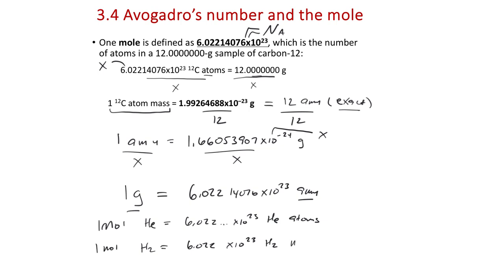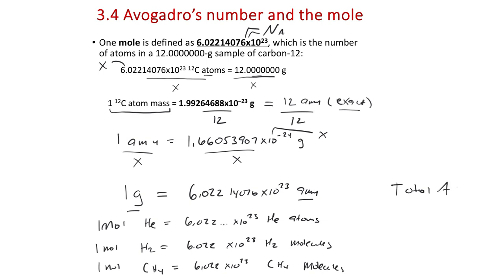H2 is a molecule, so H2 molecules. If we have 1 mole of CH4 for that compound, you'd have 6.022 times 10 to the 23 CH4 molecules.